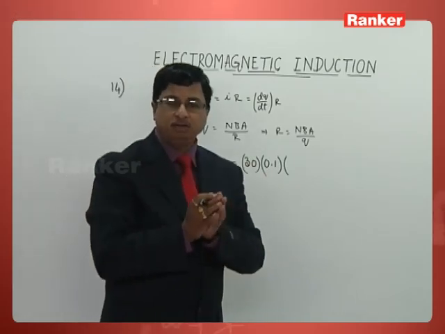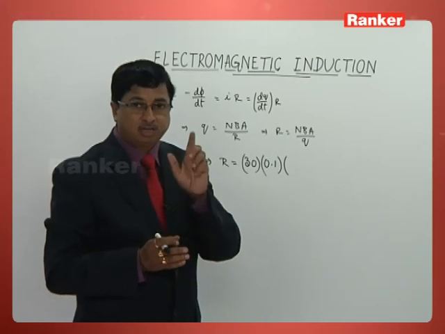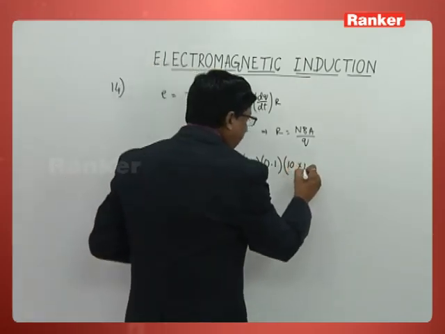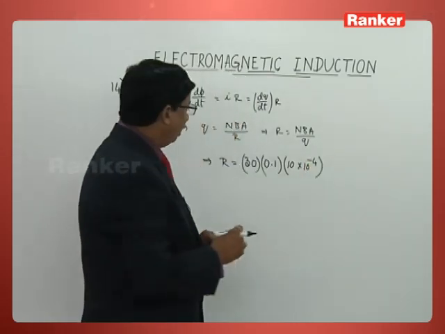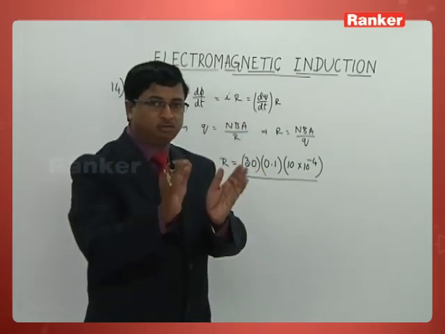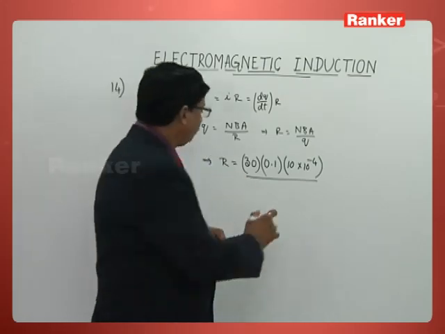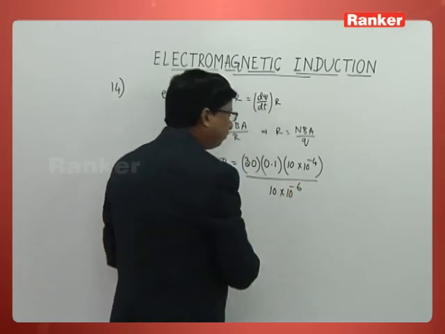Area of the coil is given as 10 centimeter square, not meter square, 10 centimeter square. So 10 times 10^-4 meter square. And how much charge has been observed in the galvanometer, you check that. It's now 10 microcoulomb. So 10 into 10^-6.